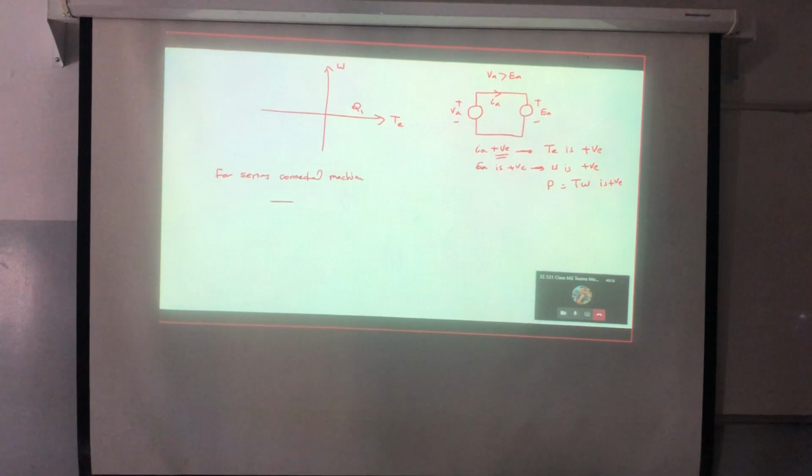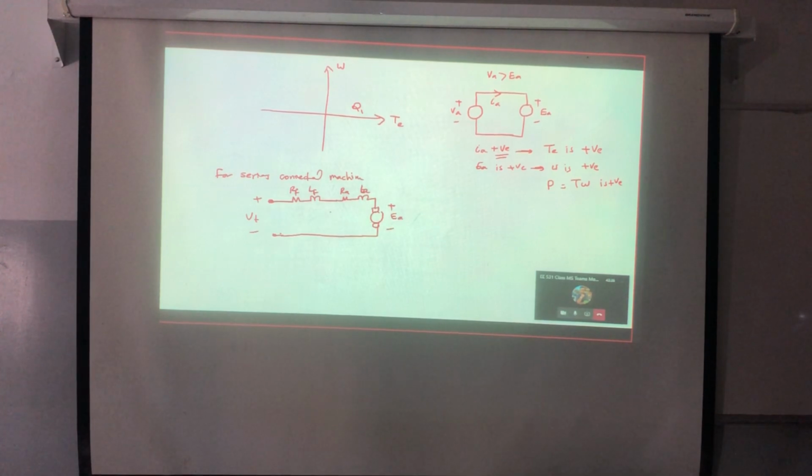You know that here we have the series field, and after that we have the armature. So plus minus, let's say V terminal here, RF here, LF here, RA here, LA here, and plus minus here.